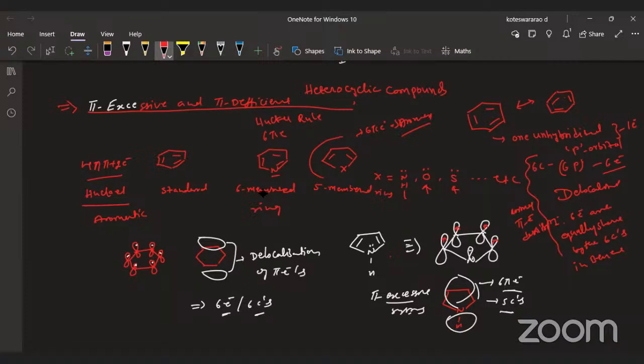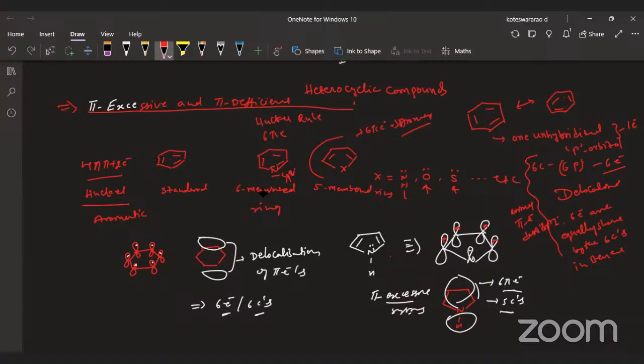Even though nitrogen has a lone pair, it is not shared with the ring, since it is in an sp2 hybrid orbital. That pair is not part of the pi system, so there is no increase in electron density.